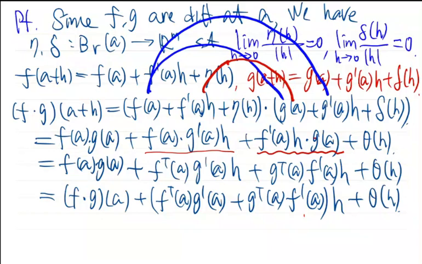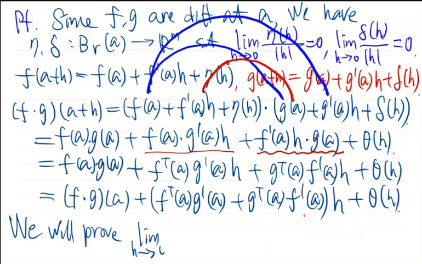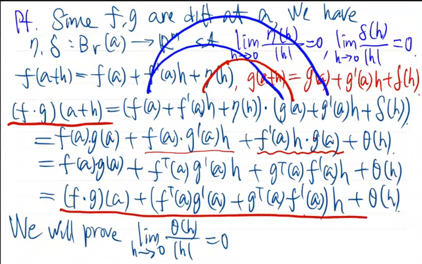So we will prove that as h goes to 0, theta h divided by the norm of h goes to 0. So from this equality, and this limit being 0, we see that the inner product is differentiable at A, and the derivative is here.